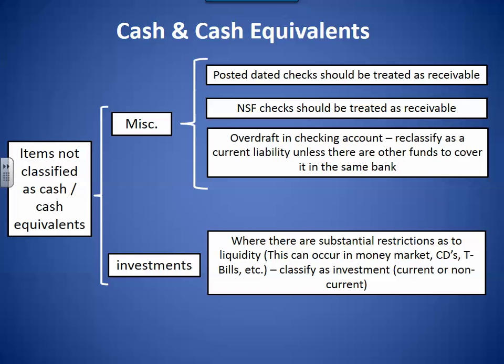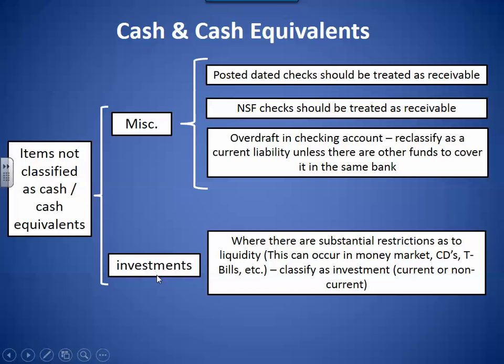Under those conditions, we need to reclassify that overdraft as a current liability unless we have funds to cover that in other bank accounts in the same bank. Then we don't have to classify it as a current liability. If the overdraft is in a bank where we don't have any funds to cover it in other accounts, we have to classify that as a current liability.